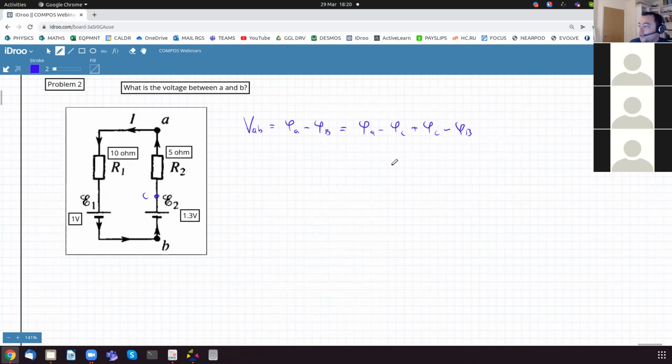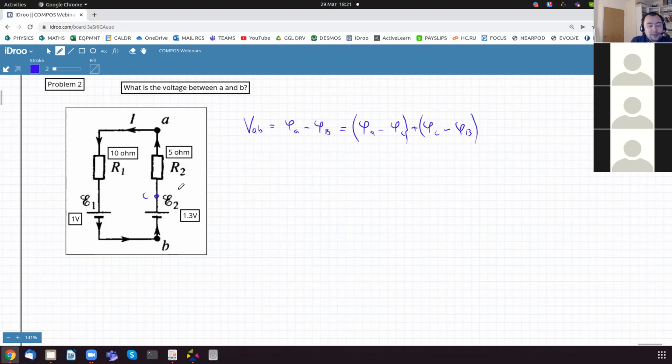What I've done is artificially introduced the potential at C: I did A minus C plus C. These theoretically cancel out, and you're left with the same expression. But instead of doing that, I'm putting this into brackets and saying potential at A minus potential at B.